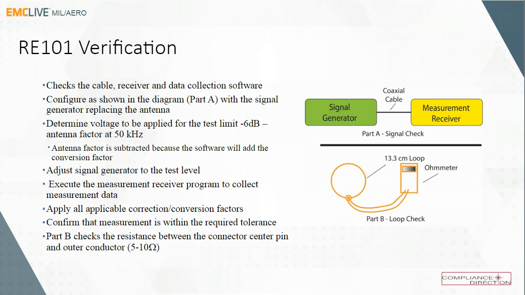We adjust the generator to that level, execute the measurement to collect, and verify that it works okay. The part B, or the lower section of the diagram, simply puts a resistor between the center pin and the connector shell on the loop antenna to see that our resistance is the same as it was as built.